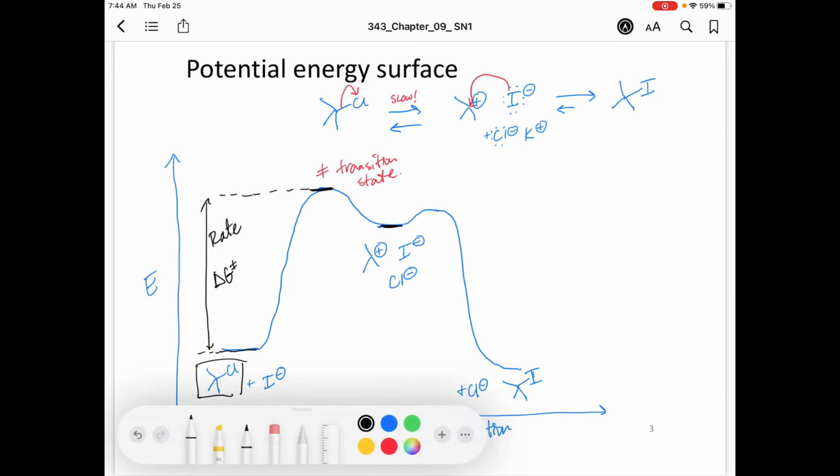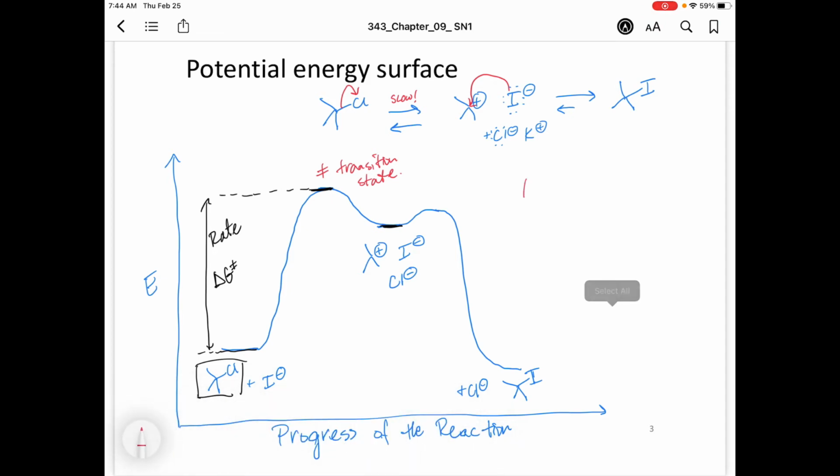Now, the other thing I want to highlight here is Hammond's postulate. Hammond's postulate just states that this transition state is going to look very similar to our intermediate that's right beside it. And this is important because this is going to help us understand what the transition state looks like.